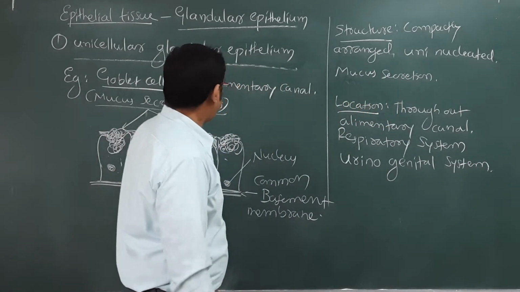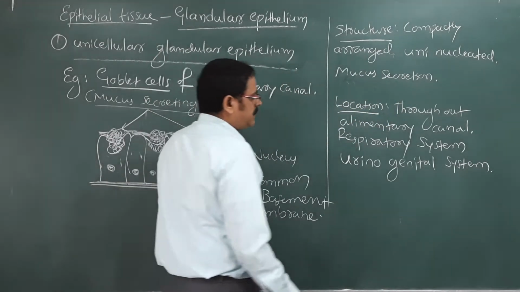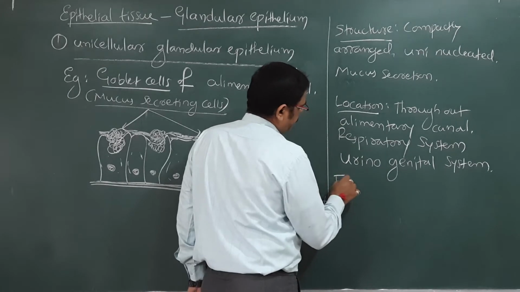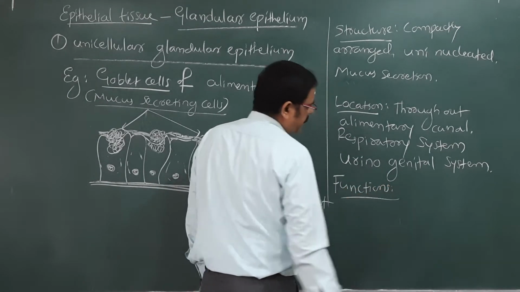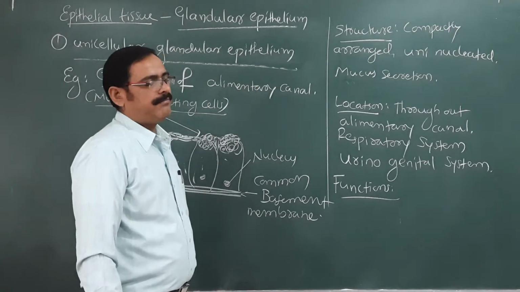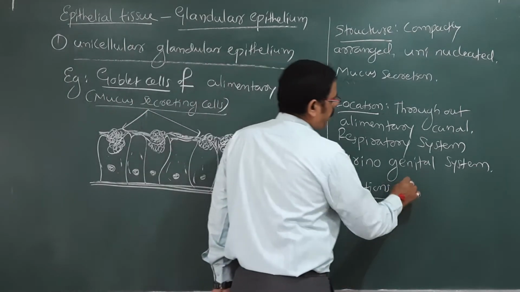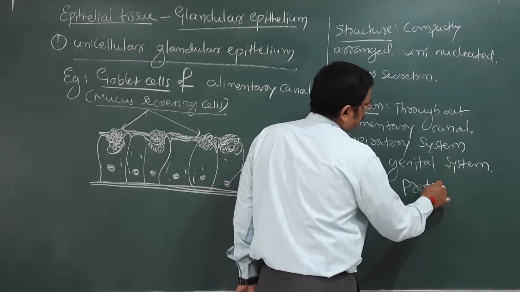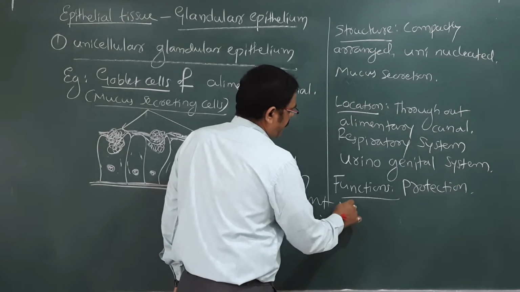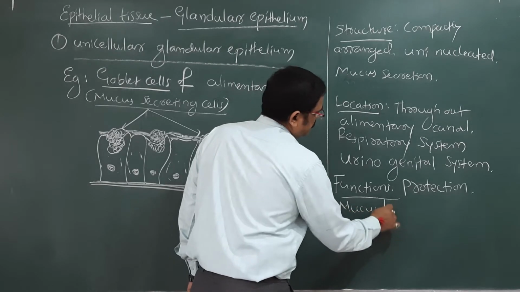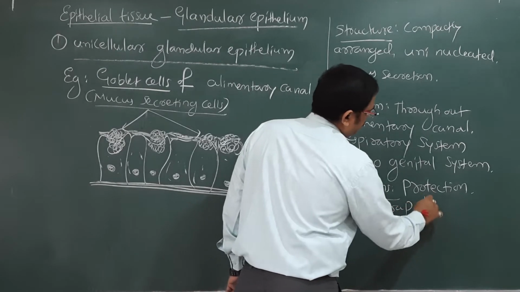What is the function of the unicellular glandular epithelium? Why are they so important? They provide protection: mucus traps pathogens.